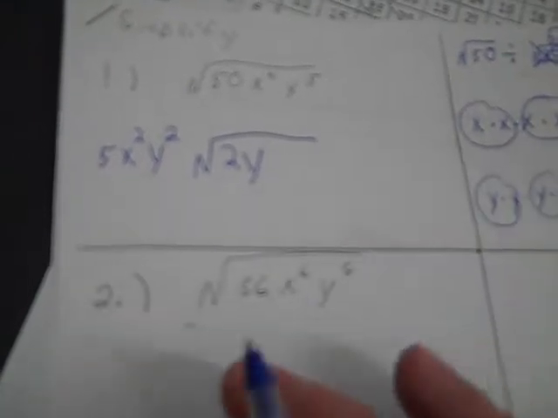Now y, I circled 2 at a time, so 1, 2, and then this one right here I leave out. So that y that I didn't circle goes inside the square root. And then I got 2 circles, so that's 2 groups of y. So y to the second, because there's 2. Okay, and that's the answer to that problem.